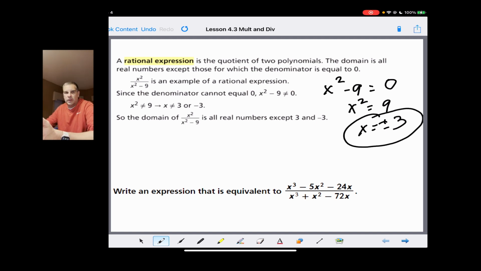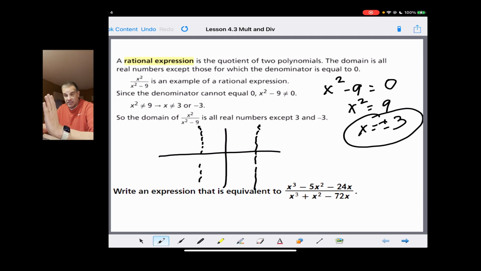And it's important that we know where that domain is, because in this case, the graph doesn't exist at those two values where x is equal to 3 and where x is equal to negative 3. So whatever this graph might look like, we've got a vertical line at 3 and a vertical line at negative 3, where the graph doesn't touch.